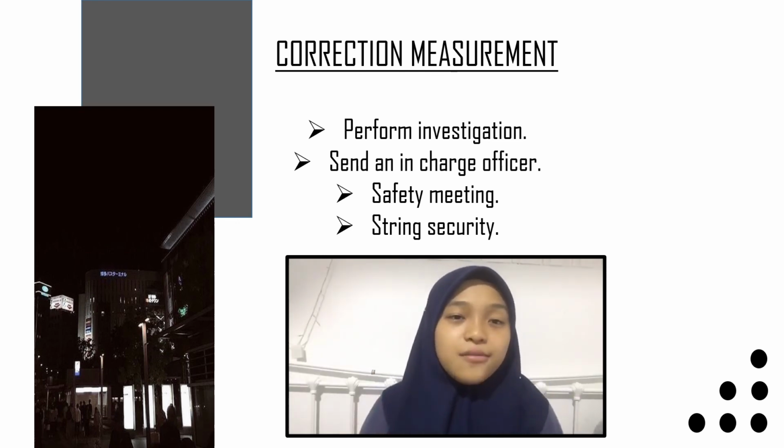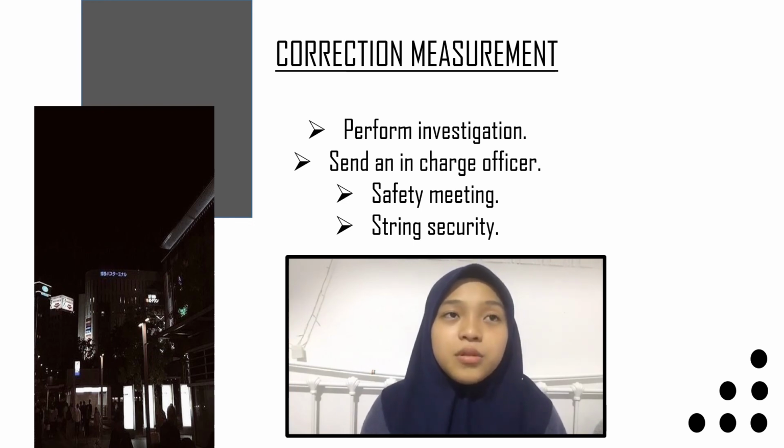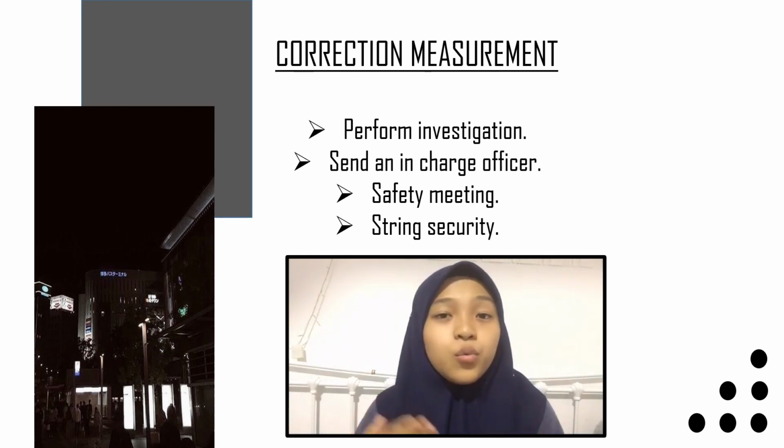Okay, next we have sending an in-charge officer to the construction work site. The officer can do some observation around the construction site and at the same time help to ensure the safety of the workers involved.